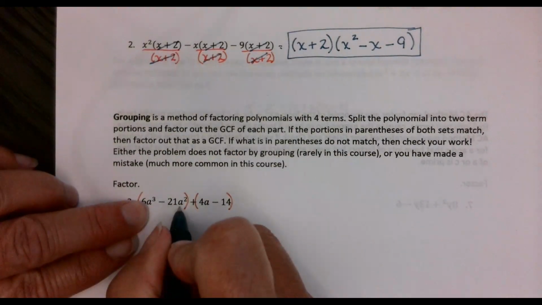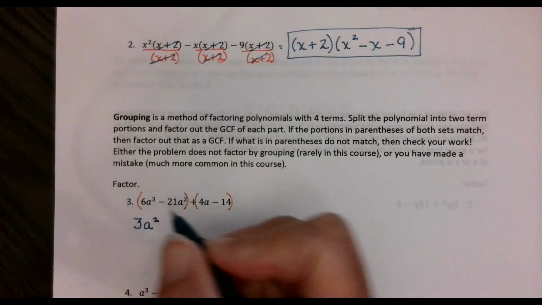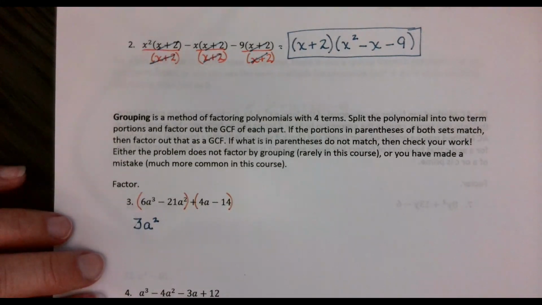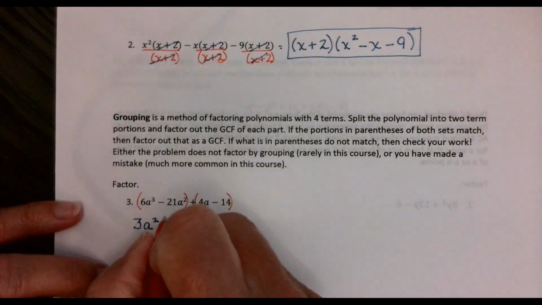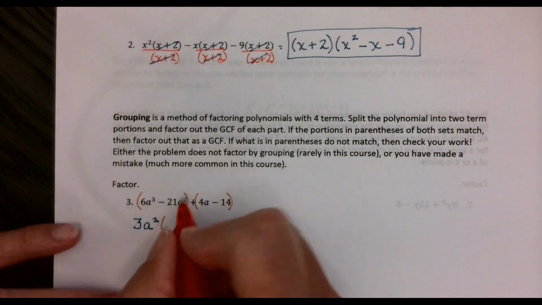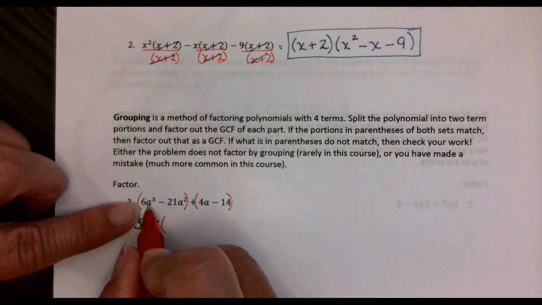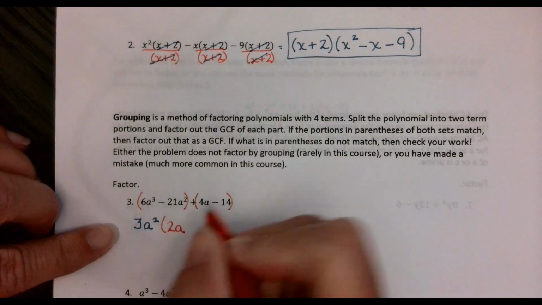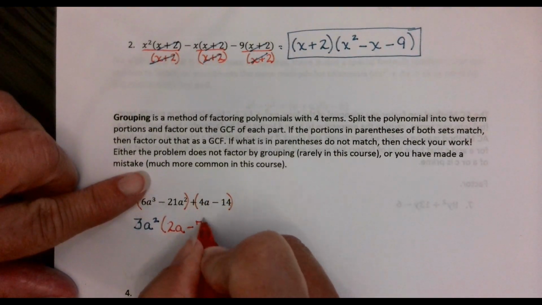And then we have a cubed and a squared, so a squared is my common factor. Now I'm dividing: what times 3a squared is going to give us 6a cubed? That's going to be 2a. This is going to give us minus 7.